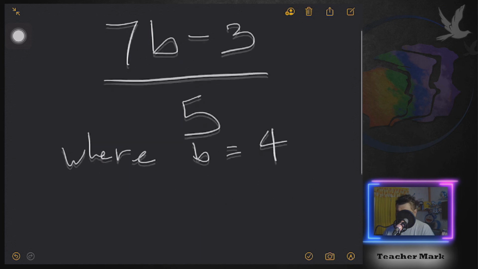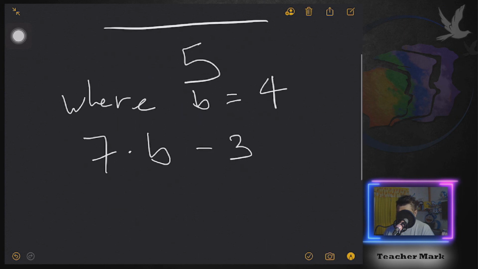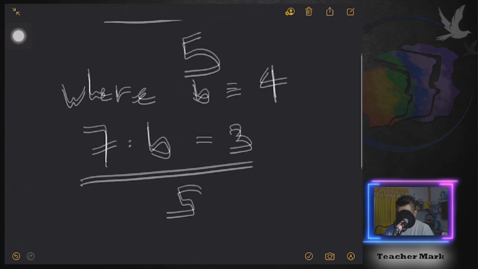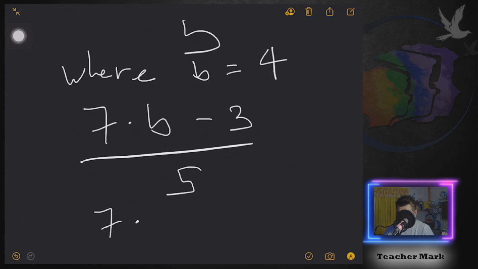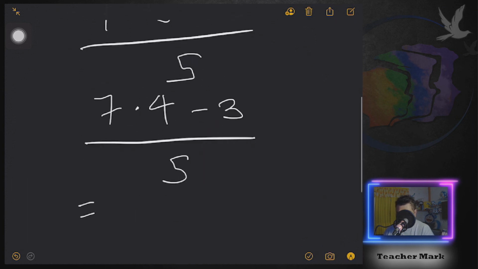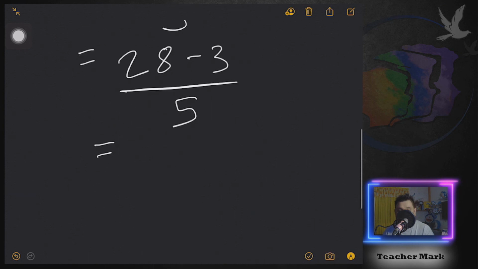Okay? To answer that, we know that 7b actually means 7 times b minus 3 over 5. Replacing the value of b, which is 4, that gives us 7 times 4 minus 3 over 5, which is now equivalent to what? 7 times 4 is equivalent to 28 minus 3 over 5. 28 minus 3 is 25.